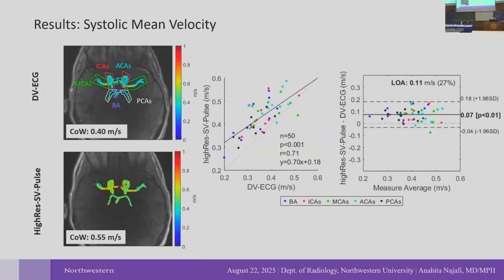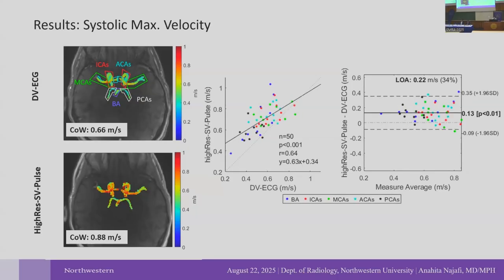But for systolic mean velocity, there was a significant bias with high-res SV pulse quantifying higher measures and moderate correlation. Same for maximum velocity. High-res SV pulse captured higher max velocities, and the two methods didn't agree.